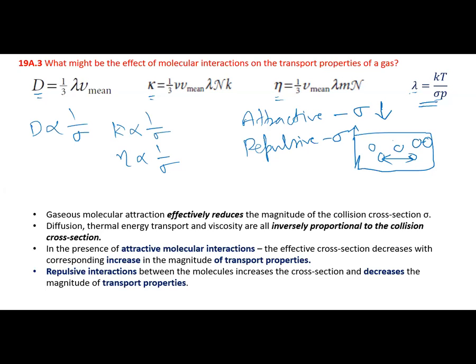Whereas if there are repulsive interactions between molecules, the sigma parameter increases, and as a result, the transport properties go down. This is how the molecular interactions affect the transport properties of matter.